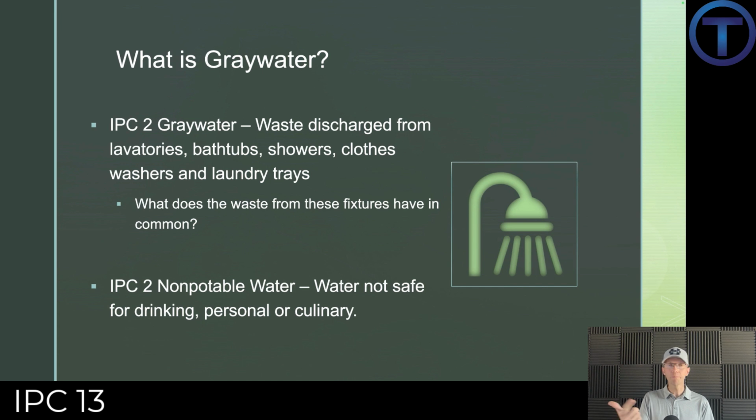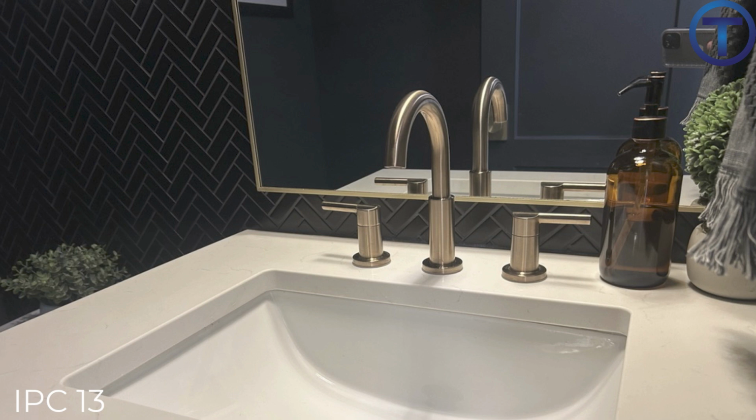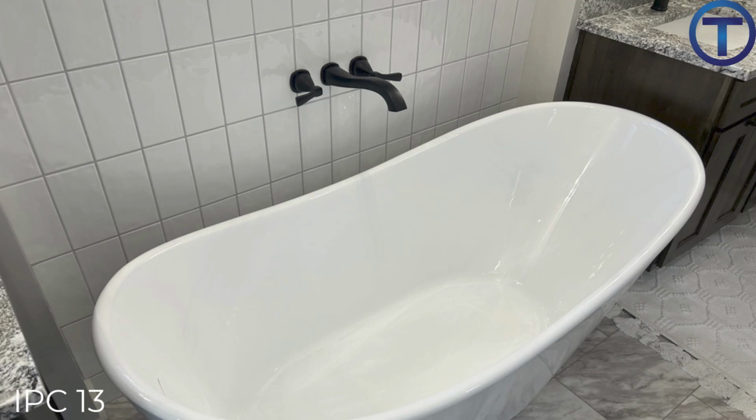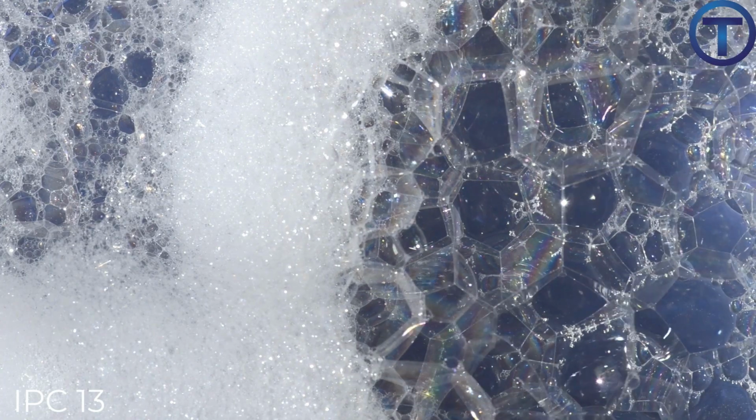I mean, that's about what you put down the drain on these, right? Sinks, and we're excluding kitchen sinks. It said lavatories. You wash your hands with soap and water. Washing machine. You wash your clothes with soap and water. Bathtubs and showers. You wash yourself with soap and water. You get the point. The only thing we're putting down the drain is soap and water.